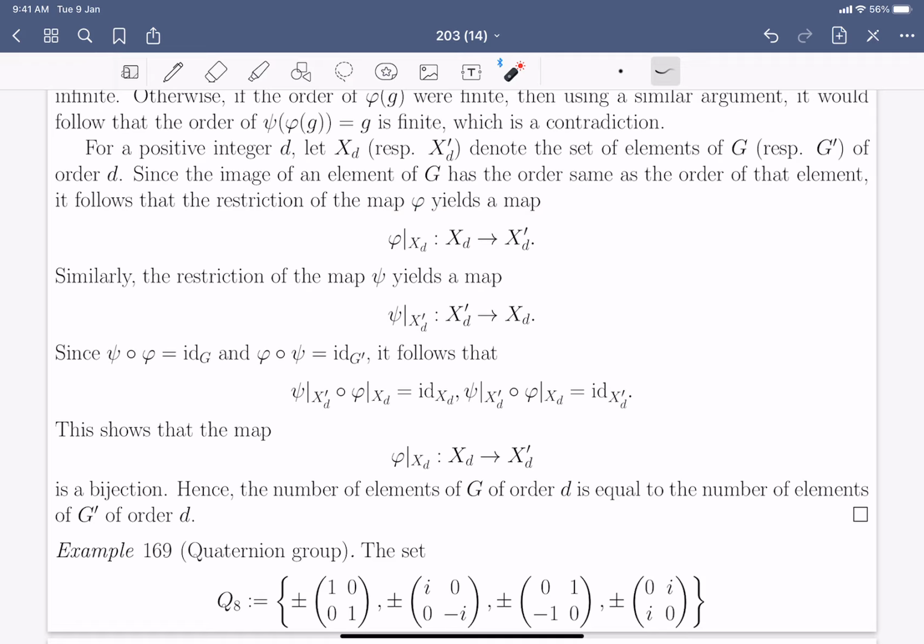If we pick an element of G of order D, that is, an element of XD, then under the map phi it goes to an element of G prime of order D. So if you look at the restriction of the map phi to the subset XD of the group G, then this restriction map takes XD to X prime D. Let me write it down.